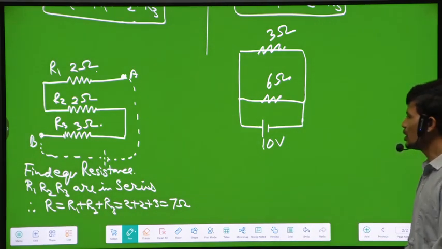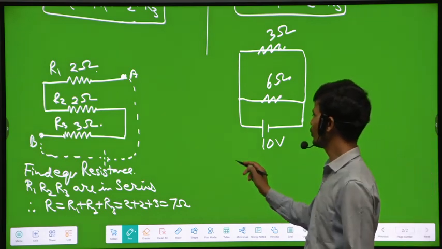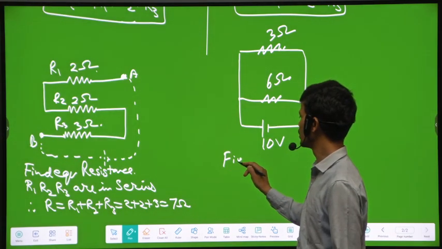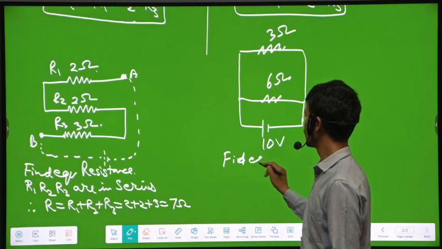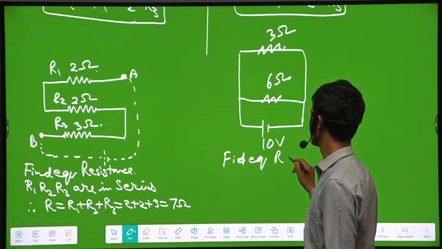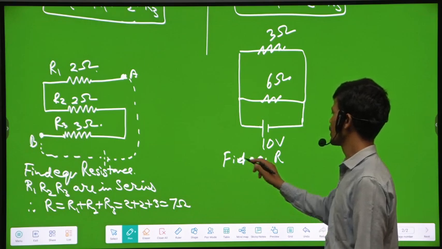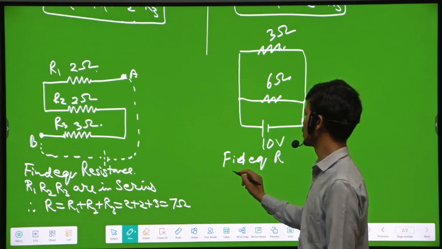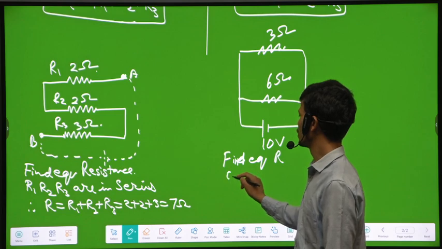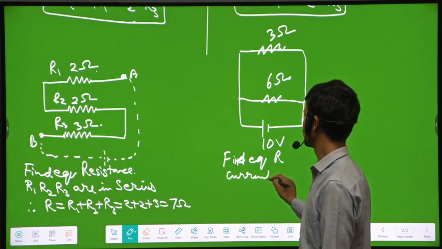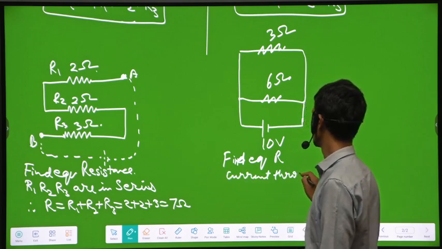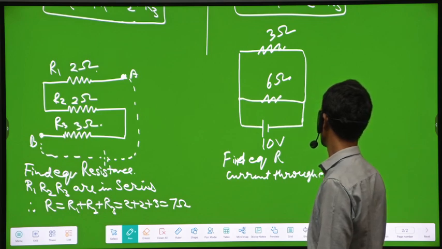So the question is, find equivalent resistance and current through each resistor. Find current through each.